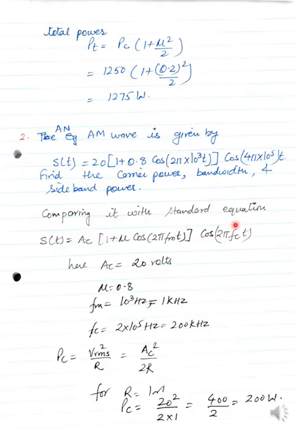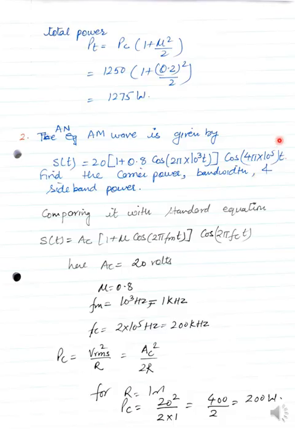Now if you see in this question, the AM wave is given in the form of 20 into 1 plus 0.8 cos 2 pi into 10 raised to the power 3 t, cos 4 pi into 10 raised to the power 5 t. It means the signal given to you is the modulated signal, not the modulating signal.